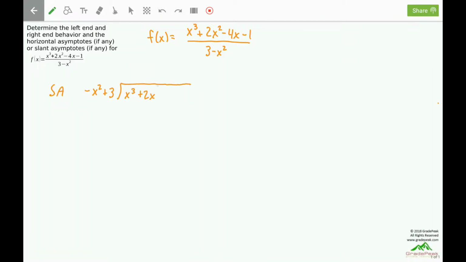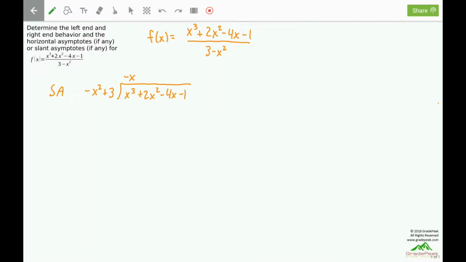Dividing it into the entire numerator. The first thing to do is to determine what we need to multiply the first term here by to match the first term here. We need to multiply by a negative to make it positive, and we need one more x. We need to multiply by a negative x to turn negative x squared into a positive x cubed.